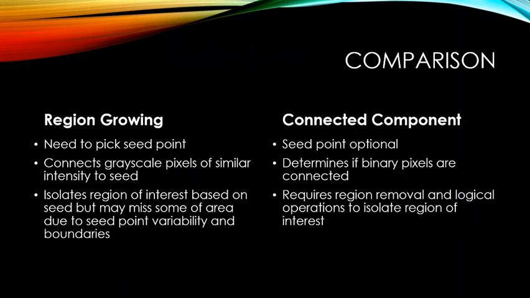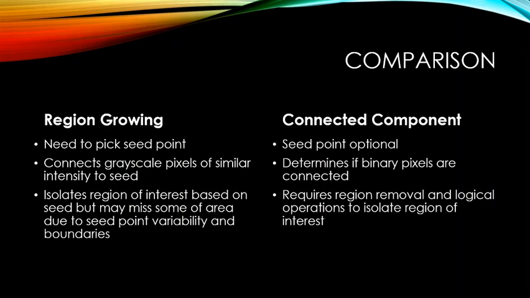So here's a comparison between the two methods. With region growing, you need to pick a seed point for it to start. So it has an initial pixel value that it's looking for as a threshold.